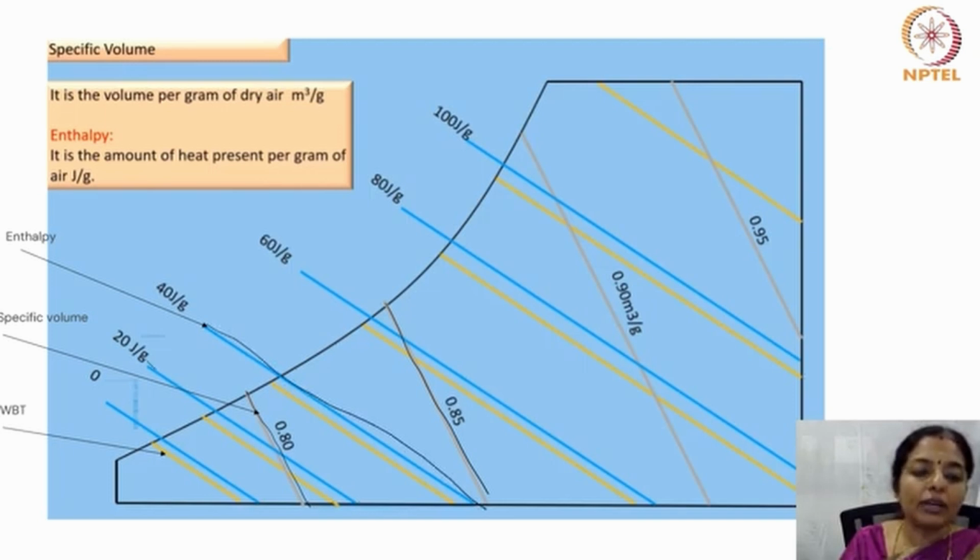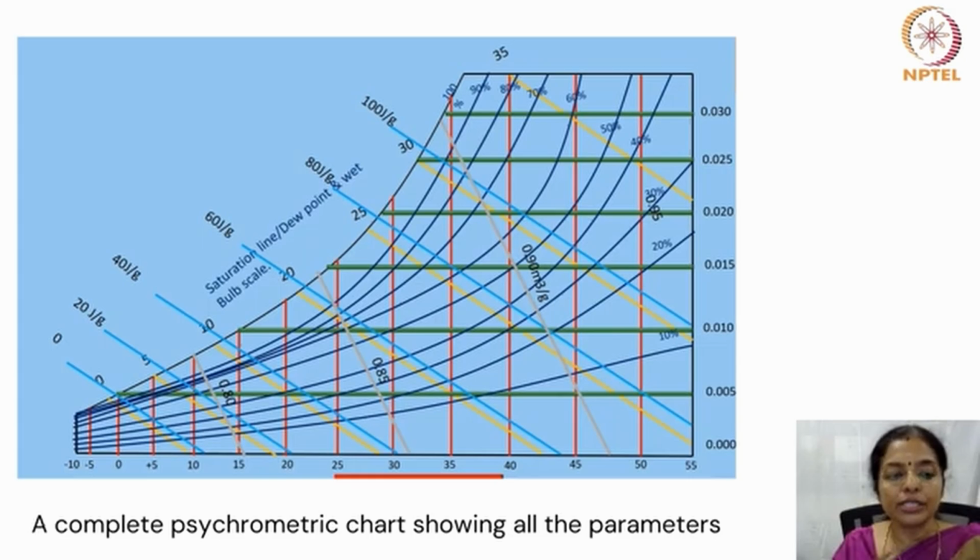So I am showing each of the components of the psychrometric chart separately because the complete psychrometric chart will look like this and it can be very confusing. That is why I deciphered each of these separately and showed them to you. So this is how a complete psychrometric chart looks. You don't have to really bother too much about drawing a psychrometric chart.